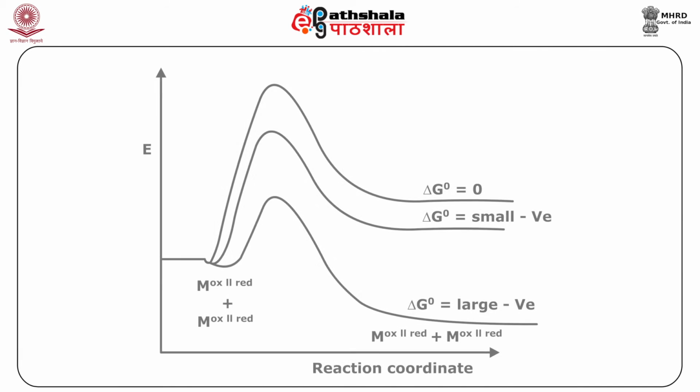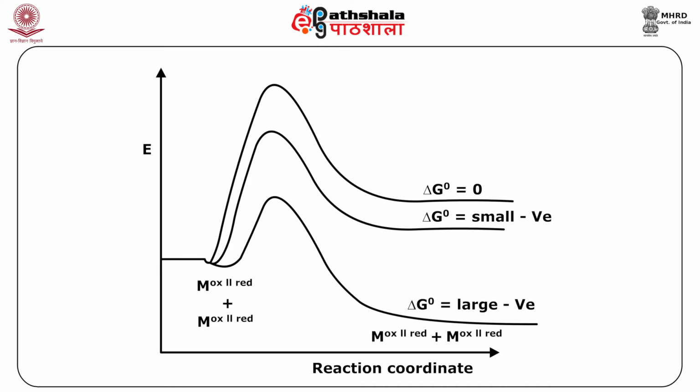When the metal oxidant and reductant come closer together and electron transfer takes place, there is formation of a precursor complex, then the electron transfer process, then formation of the successor complex, then dissociation of the successor complex.